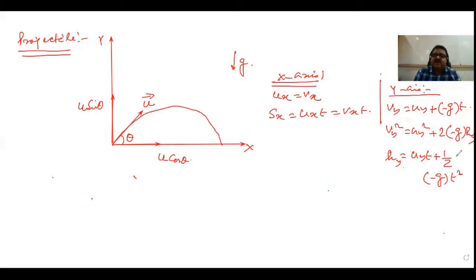The time taken by the projectile to reach the maximum height is called time taken to reach maximum height. But the time taken by the projectile to complete its entire journey is called total time of flight, or simply time of flight. So remember some of the important information.